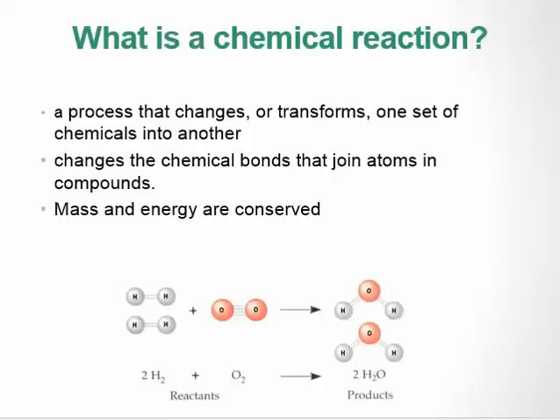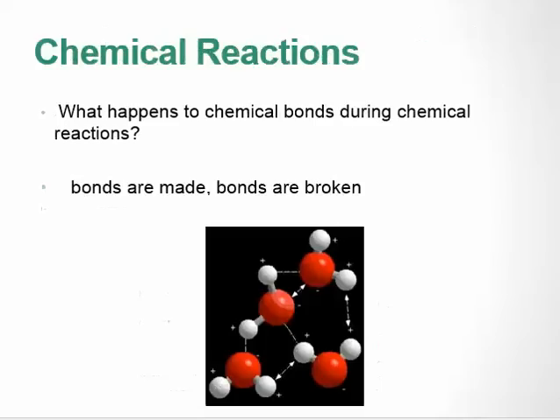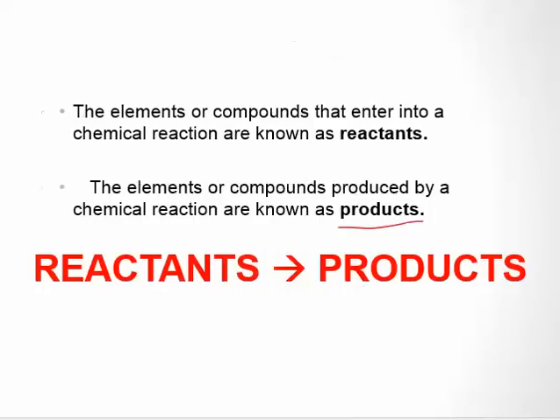Now, during this process, mass and energy are conserved, if you remember your law of conservation of mass and your law of conservation of energy. So, as I said, during this process, bonds are made and bonds are broken. Now, the elements or compounds that start the reaction in the beginning are known as your reactants.